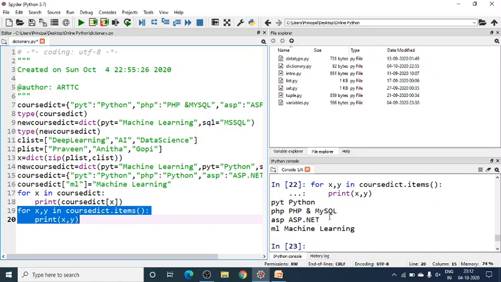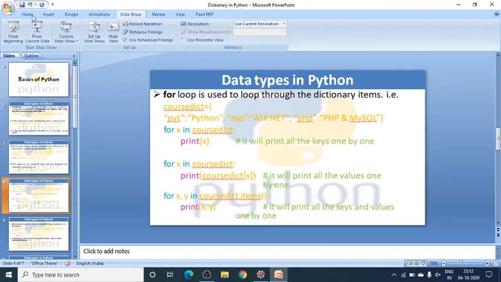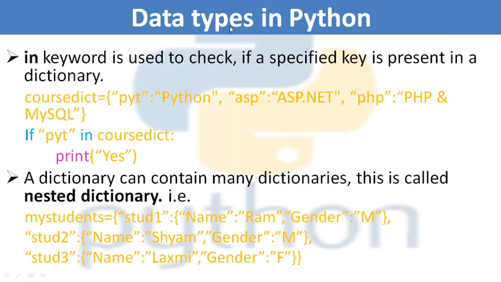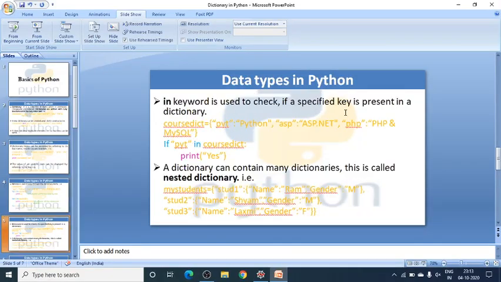Now get back to our presentation again. The in keyword is used to check if a specified key is present in a dictionary or not. So if we want to check if a key is present within the dictionary, we can use this in keyword.